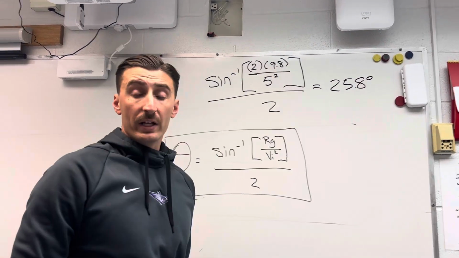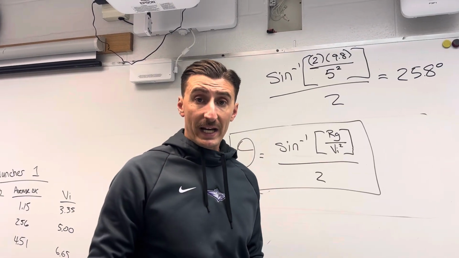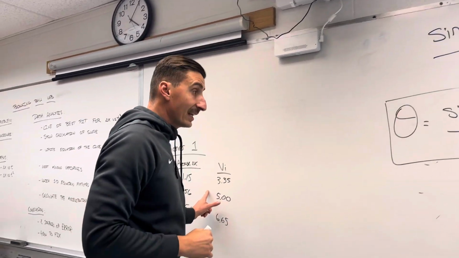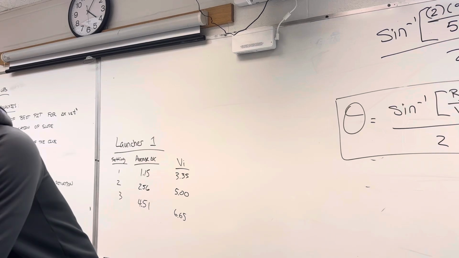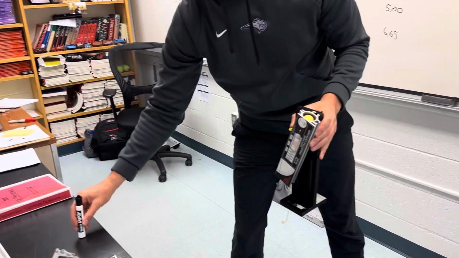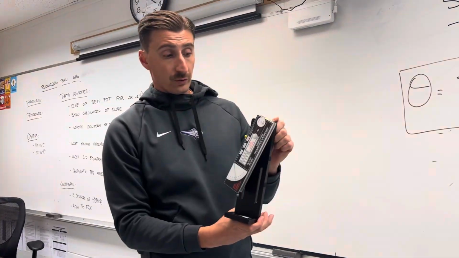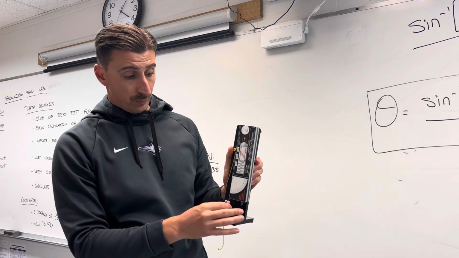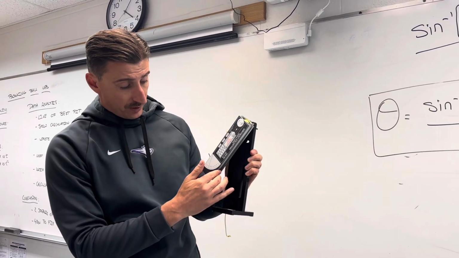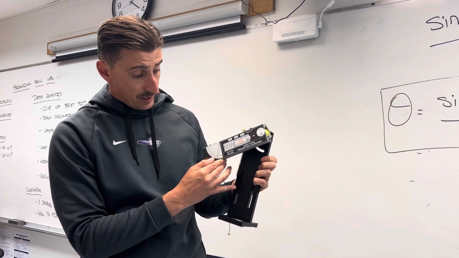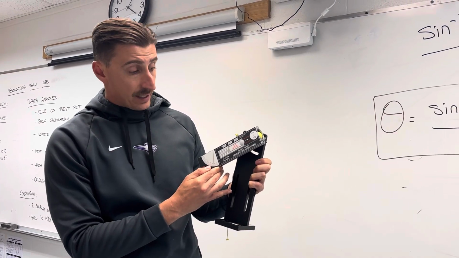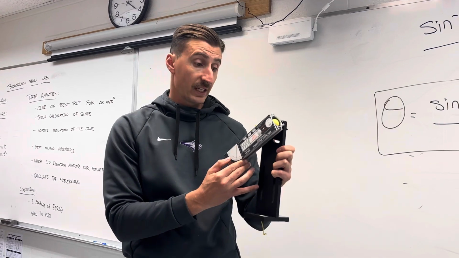So I know if I launch at 25.8 degrees on setting 2, I'm going to hit from 2 meters. So you take your launcher, unscrew the top, and it'll move around. Put it to 25.8, lock it in, and then fire from there on setting 2.